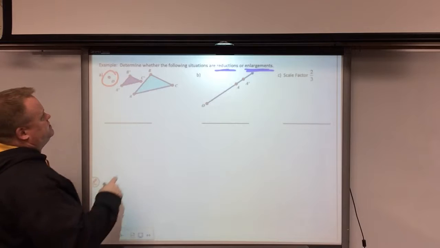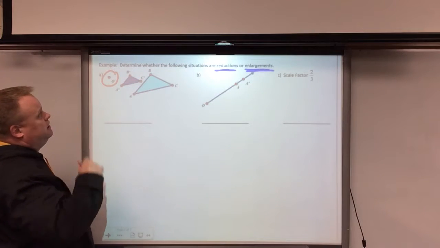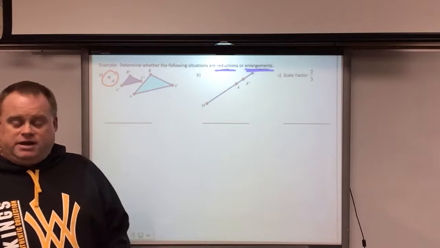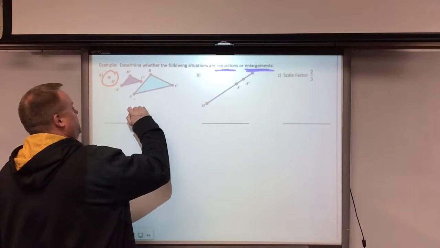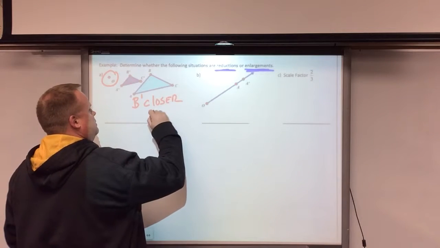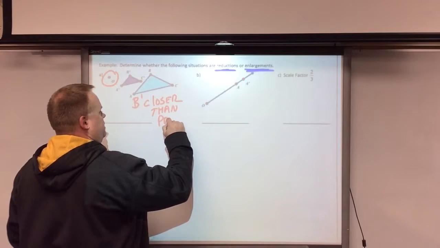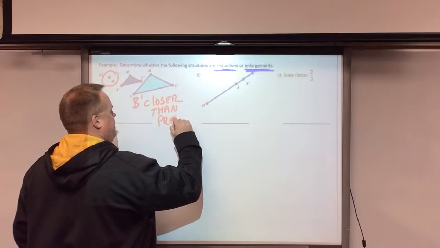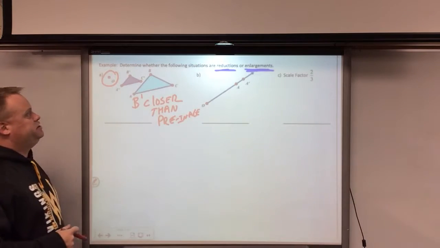And when I look at this, my B prime is closer than my pre-image, right? It's closer than my pre-image.